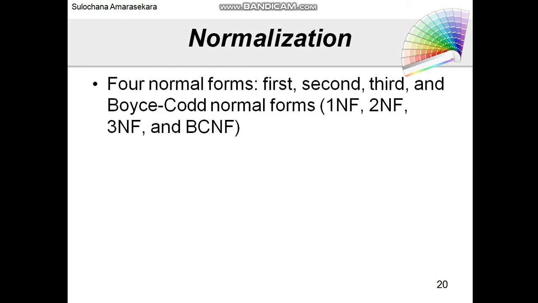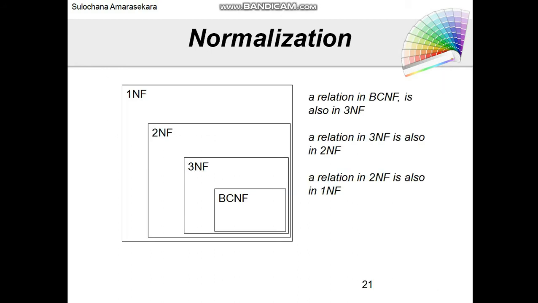The normalization process contains four normal forms: first, second, third and Boyce-Codd normal form. You can see here that data in first normal form is used to convert to second normal form, as well as data in second normal form is used to convert to third normal form.